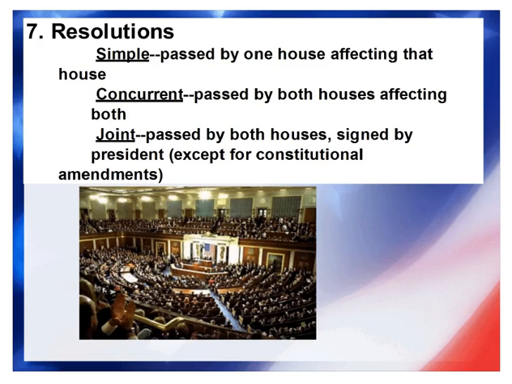And then a joint resolution is one that would be signed by the president, and this would be one that, again, is more ceremonial in nature, but the president would want to sign off on. The only exception to a joint resolution here would be a constitutional amendment, because the president wouldn't be signing that. But again, this could be a resolution that they're trying to affirm or show support for something the president is doing, such as a joint resolution on a proclamation of war against Iraq, which would be a joint resolution passed by both houses, signed by President Bush.